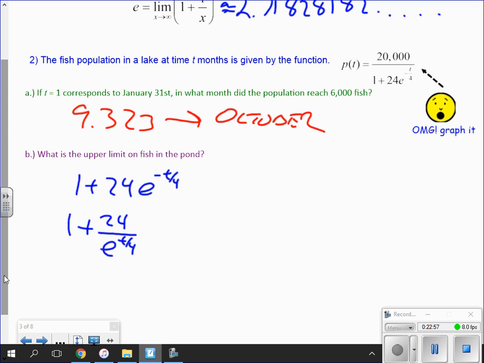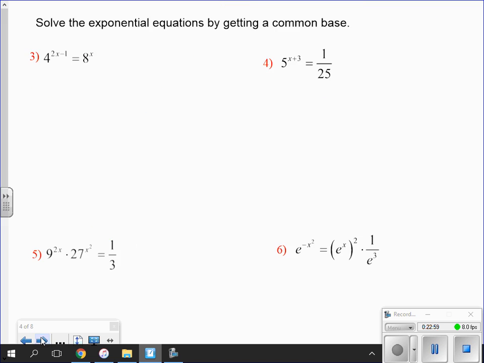Now, let's start solving some problems. These problems are very similar to the ones that you did last year. Solve the exponential equations by getting a common base. The idea is I want to write them as the same number on each side to an exponent.